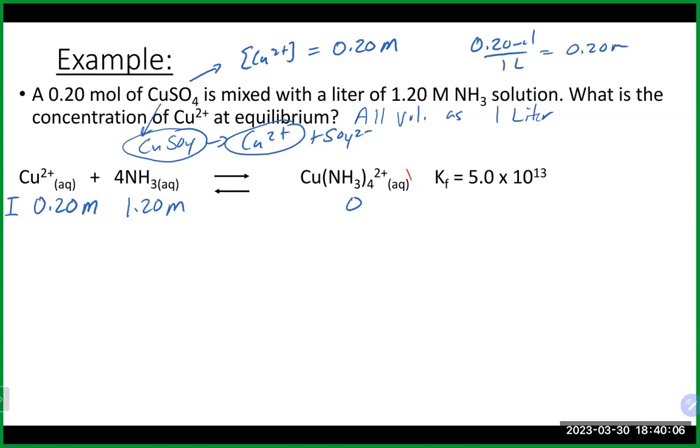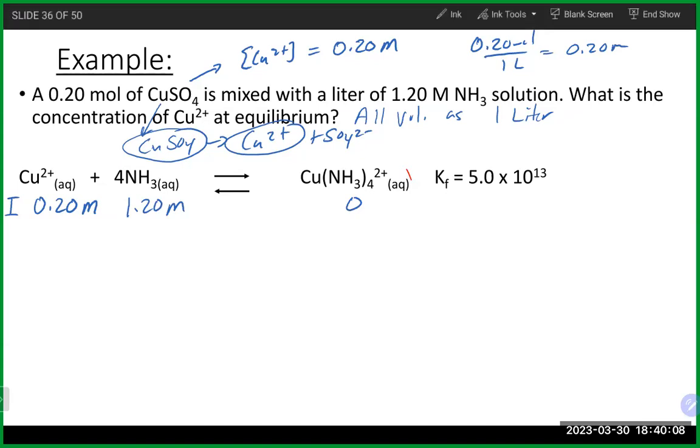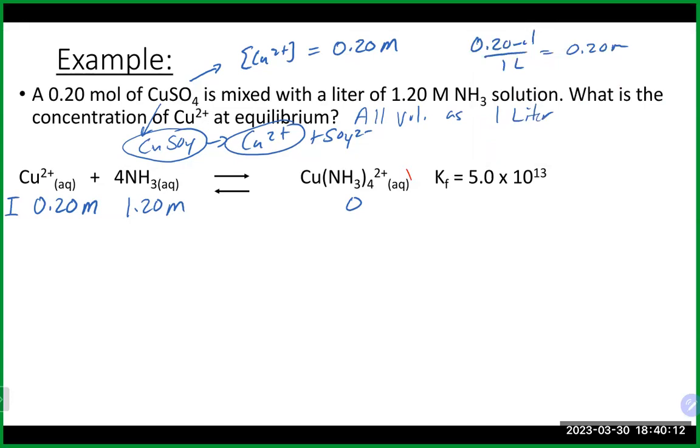Now I'm going to do this ICE table 2 ways and explain the difference of how we do it. If we did it like we normally did with x's, for example, this would be minus x, this would be minus 4x because of the 4 that's there, and this would be plus x in this case.